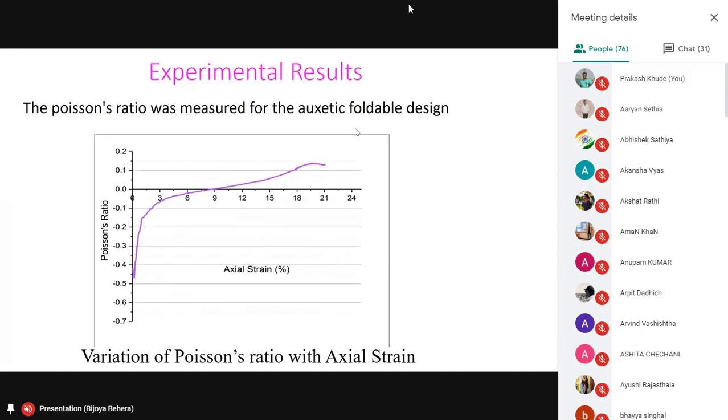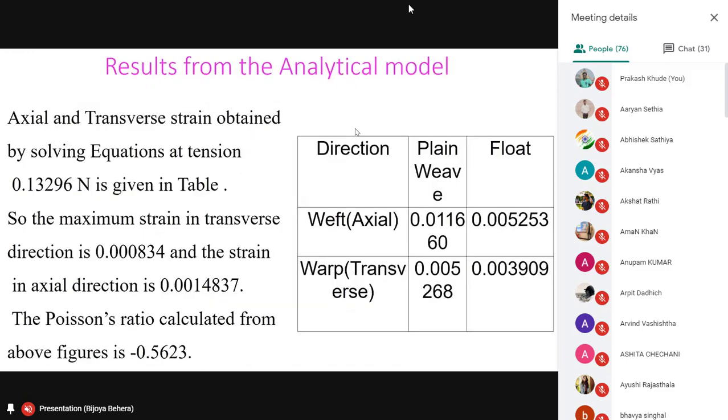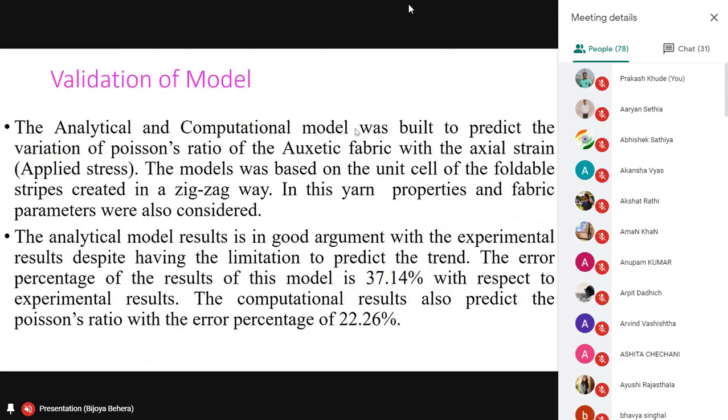And we have done the same thing for all our fabric samples, and we have a comparison. This is axial strain by transverse strain. The results of the analytical model and mathematical model have been compared, and we have found an error percentage of about 22%. So this is a very high error percentage, may not be acceptable.